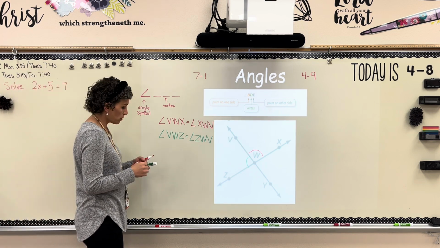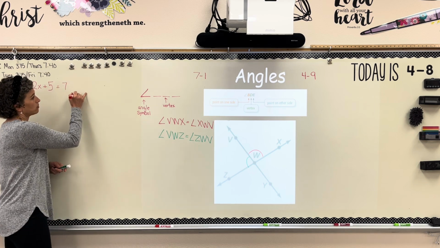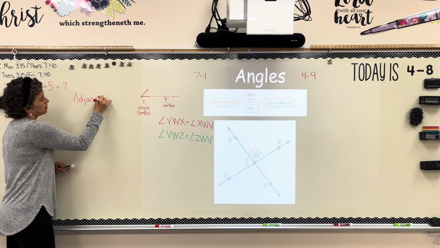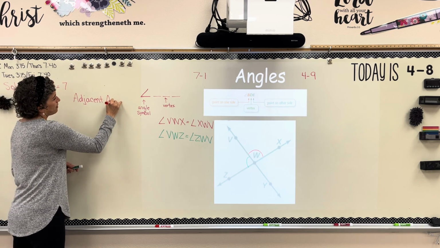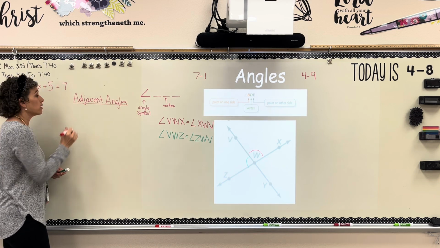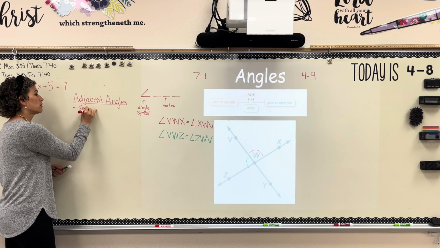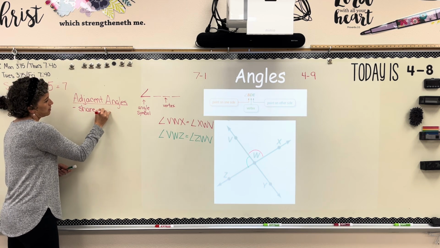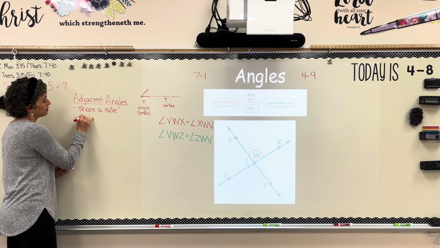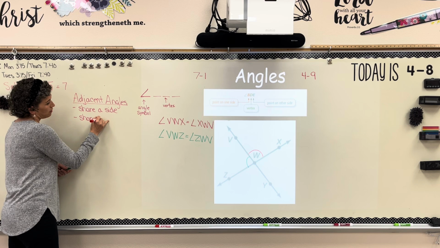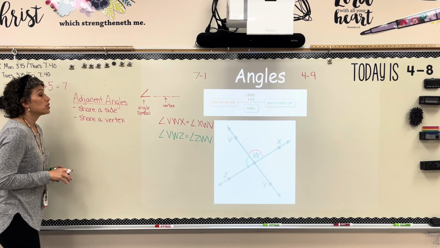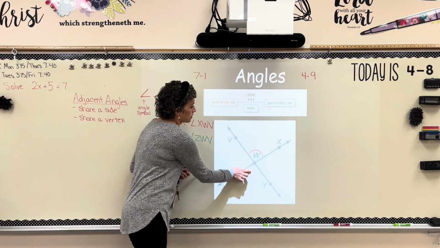From there, we are going to look at adjacent angles. So adjacent angles. Okay. Adjacent angles must share a side. They also share a vertex. Okay, so let's go back and let's look at this one here.